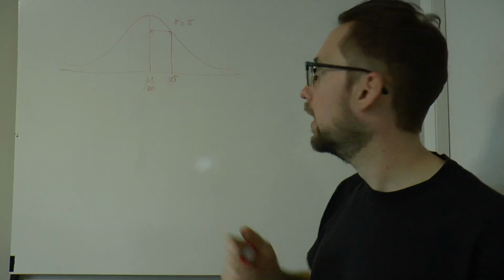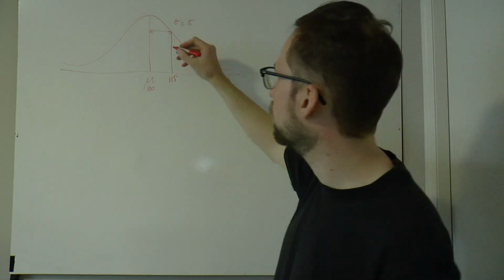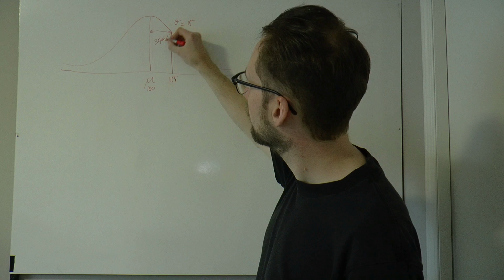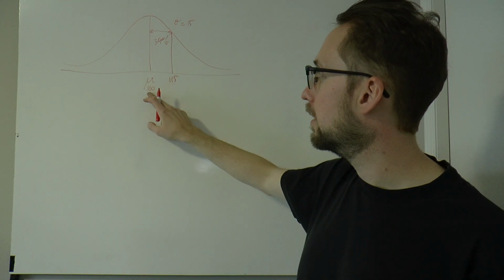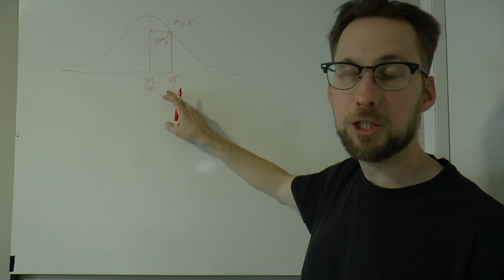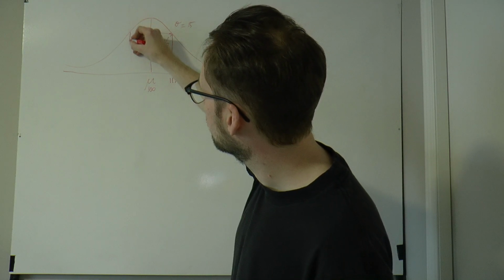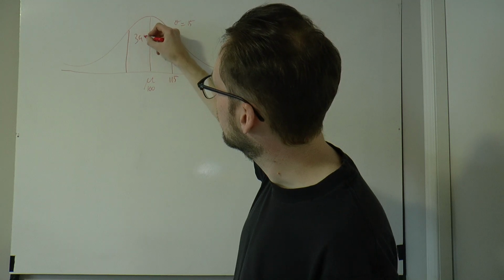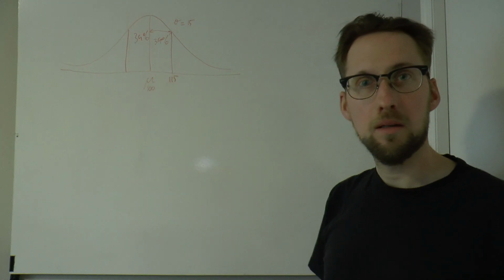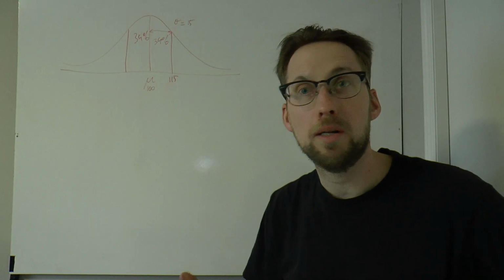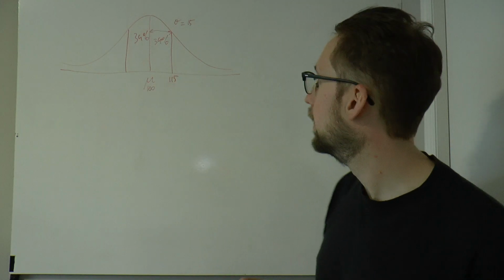What do I know? I know that approximately 34% of all observations falls between the mean and plus 1 standard deviation. Because it is a symmetrical distribution, likewise, 34% will fall between the mean and minus 1 standard deviation. 34% of what? Of the population, everyone in the population.